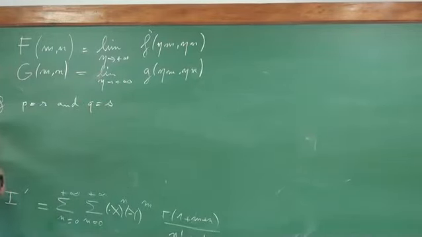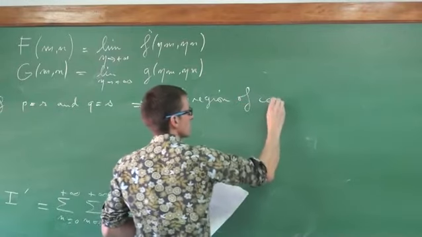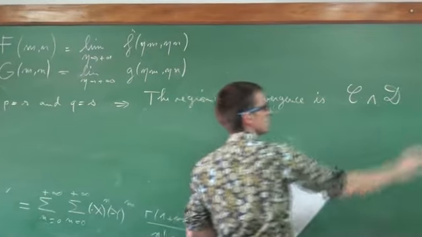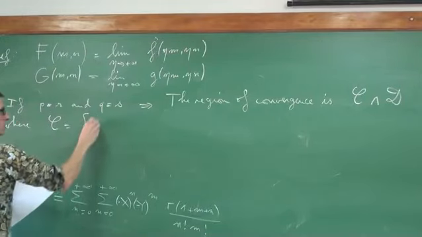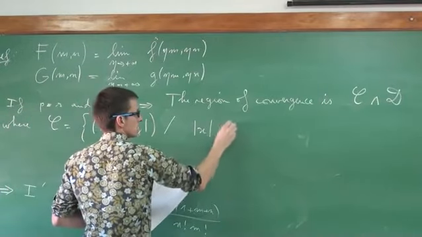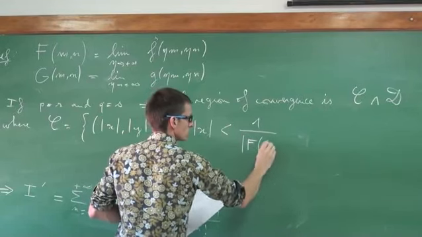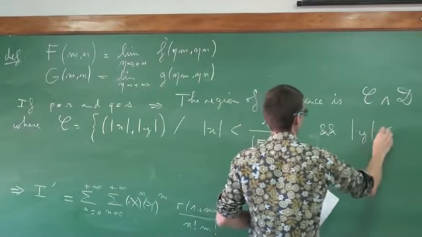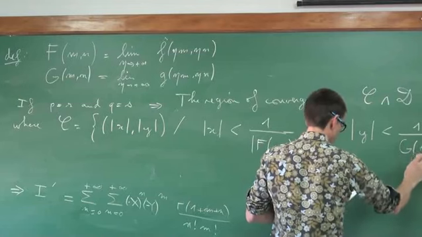then the region of convergence is C intersection D, where C equals the set of x, y so that x is less than 1 over the square value of f 0, 1, 0, and y less than 1 over j 1, 0. Now this is 0, 1.